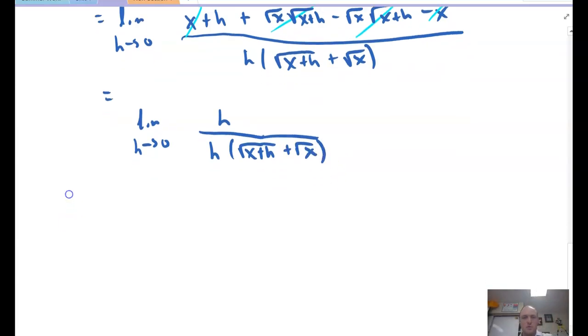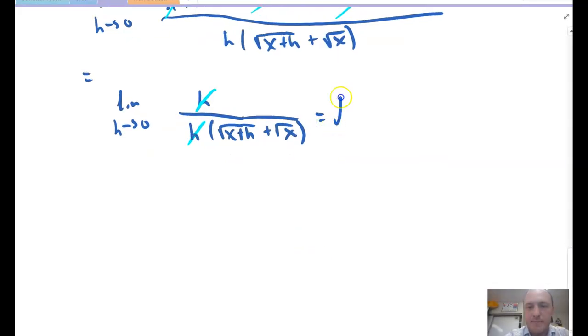Okay, so what happens now? Well, again, h's cancel, and we get the limit as h approaches 0 of 1 over the square root of x plus h plus the square root of x. All right, we're good.